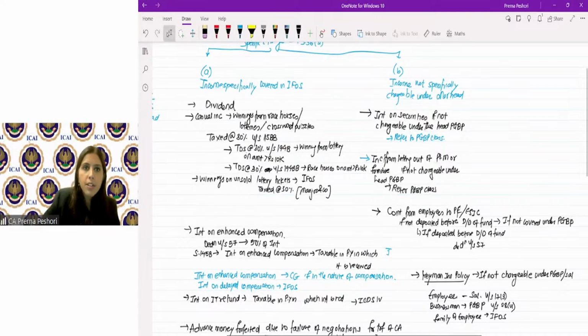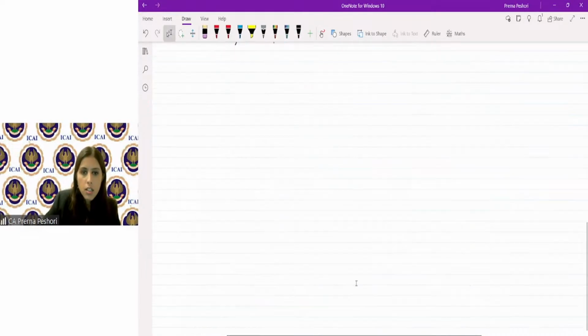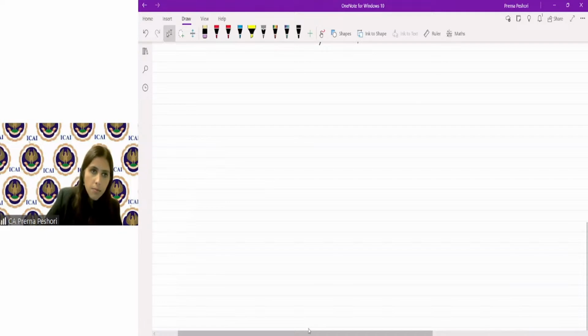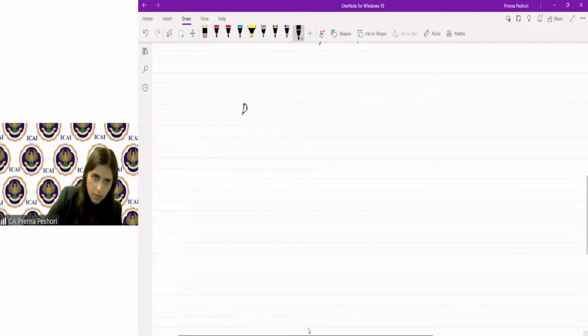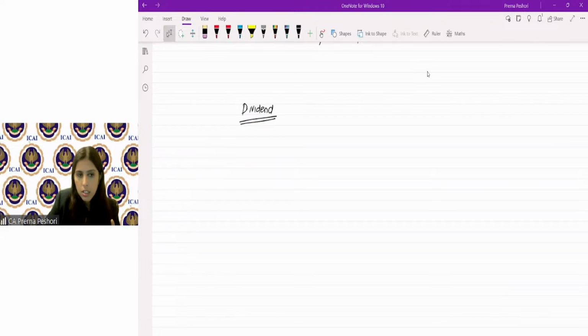So what is the meaning of dividend? Just write down dividend. Now the term dividend is a defined term. How is it defined? The dividend includes, this is defined under section 2(22).